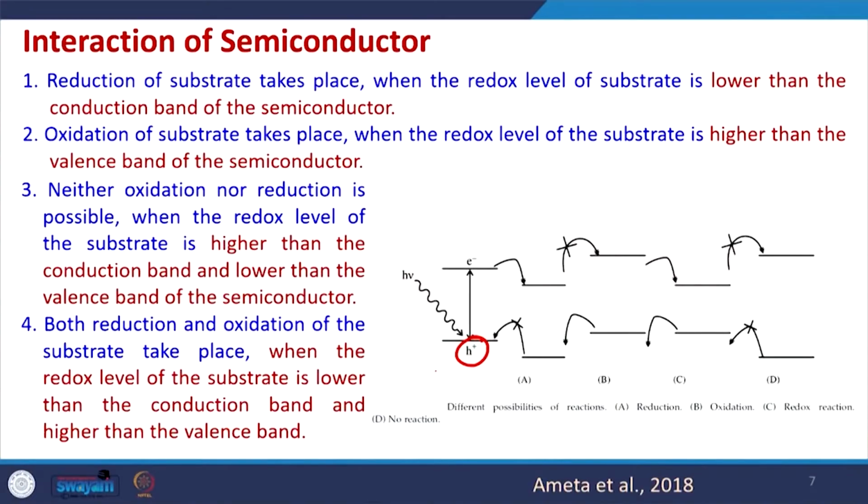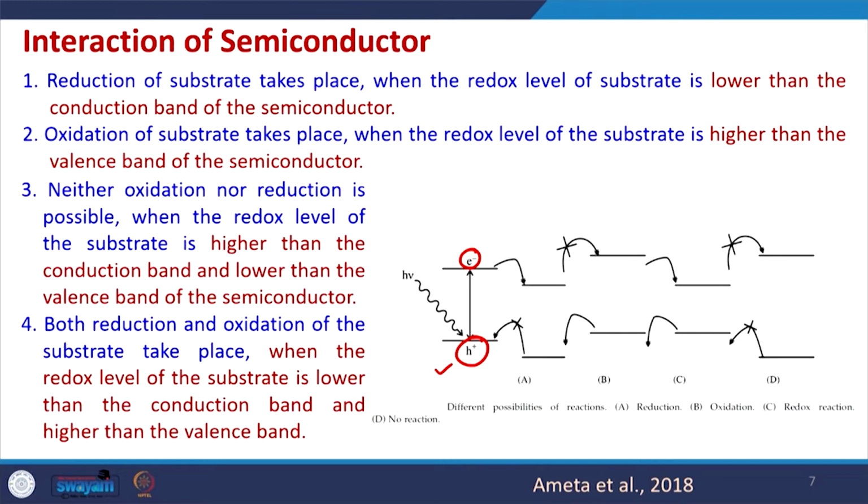Now, interaction of the semiconductor: reduction of substrate takes place. Suppose we have an electron-hole pair which is generated here, and we have an electron here. How will it interact with different substrates? This is what is shown here.